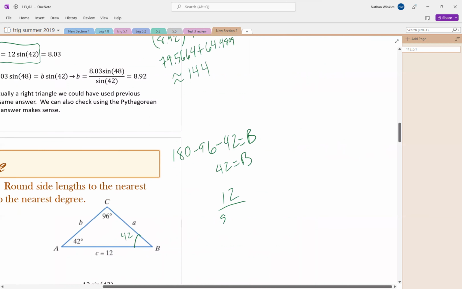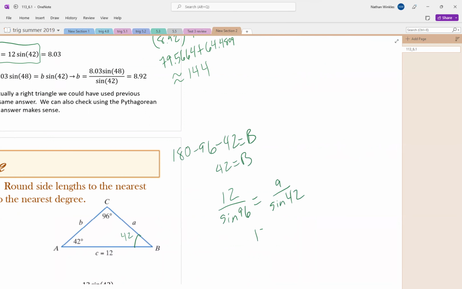So if I did 12 divided by sine of 96 is equal to A over sine 42. So 12 sine 42 equals A times the sine of 96. So A equals 12 sine 42 divided by sine 96.